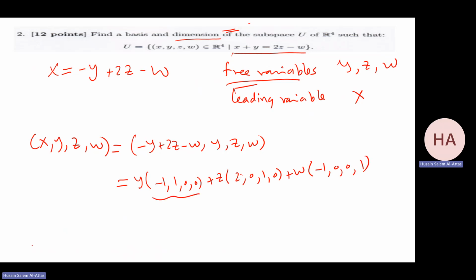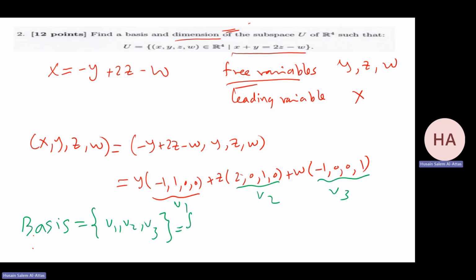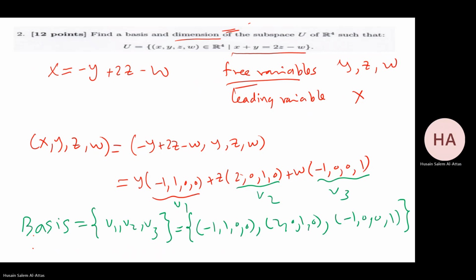Those will be my vectors V1, V2, V3. So what is the basis? It will be V1, V2, V3, which are minus 1, 1, 0, 0, then 2, 0, 1, 0, and then minus 1, 0, 0, 1.